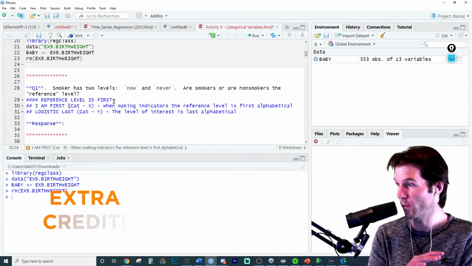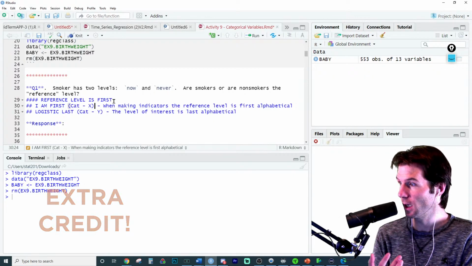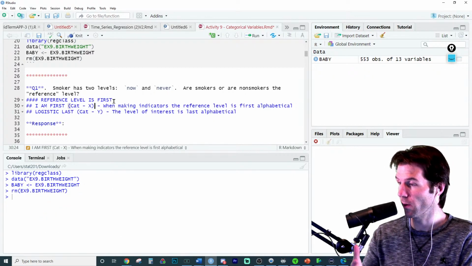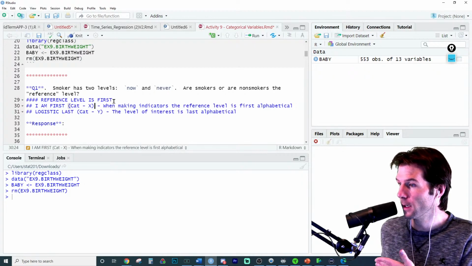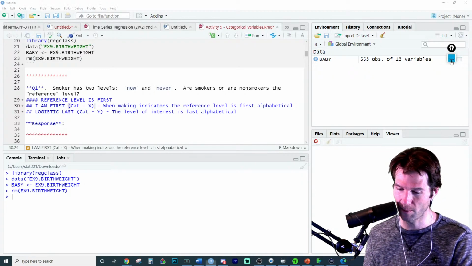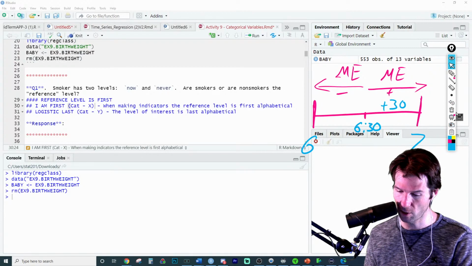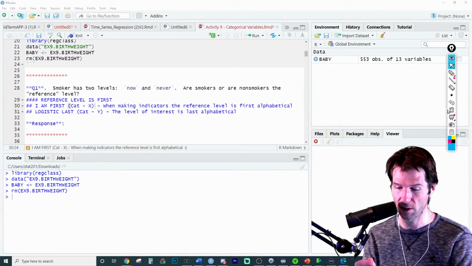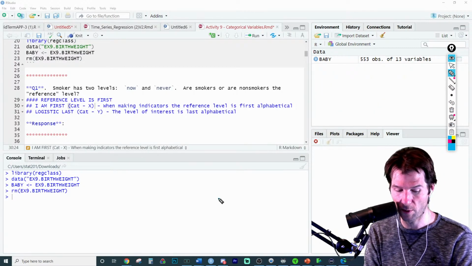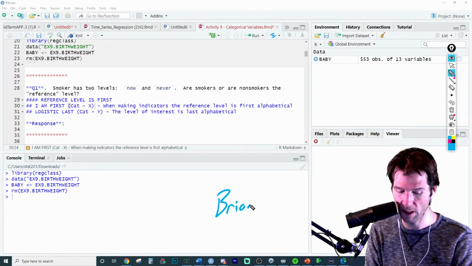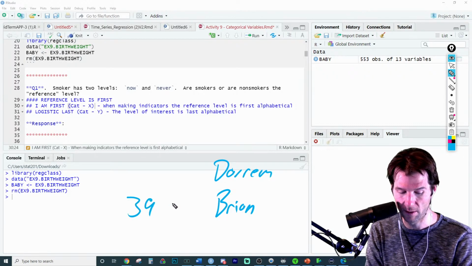If you ever hear me say a reference level, I'm talking about an indicator variable has to be associated with a reference level. Like, you have to compare it to something. We often talk about my family, and we'll erase this right here, but Brian would be the reference level in his family because Brian has a B in his name, and there's no one with A's or a B before Brian. Brian has an age of 39.